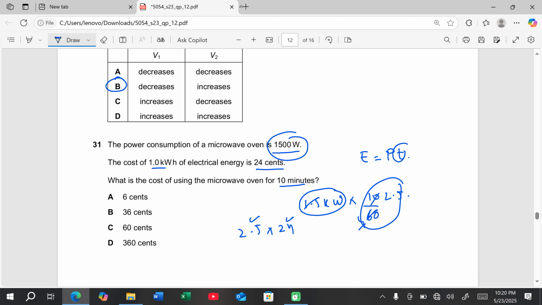So when I multiply with my calculator, sorry, that's wrong. There is one problem here. When I use the calculator, I'm going to get 0.25. So then this is going to be 6 cents.